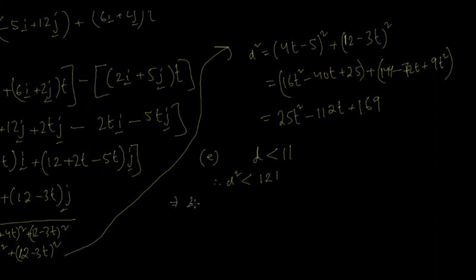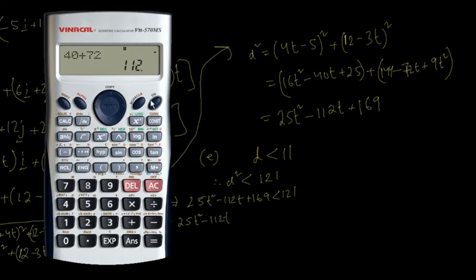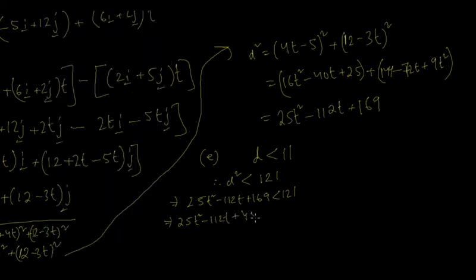D squared is 25t squared minus 112t plus 169 less than 121. So 25t squared minus 112t, 169 minus 121 is 48. So this is plus 48 less than 0.